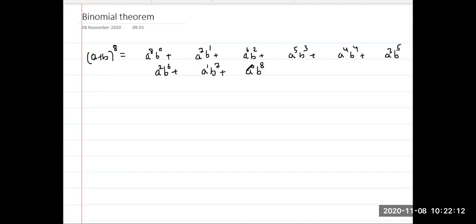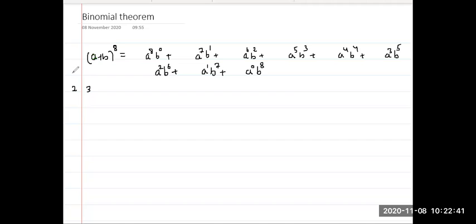Now think about this. How many terms do we have? Tell me. Count it. 9. Okay, we have 9 terms. And what is the power? 8. So can you observe that when we had power 2, we had 3 terms?